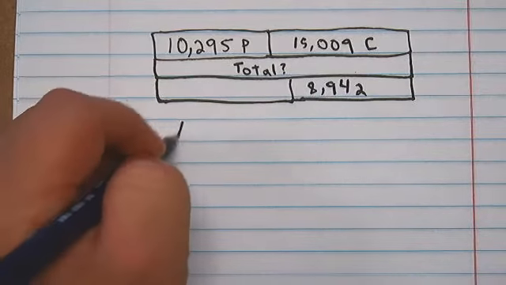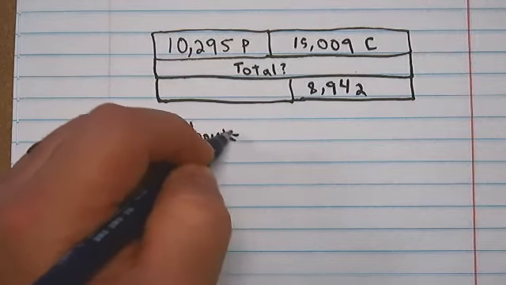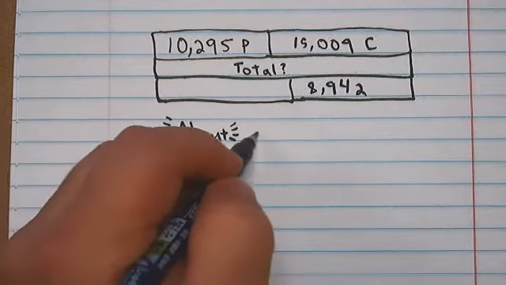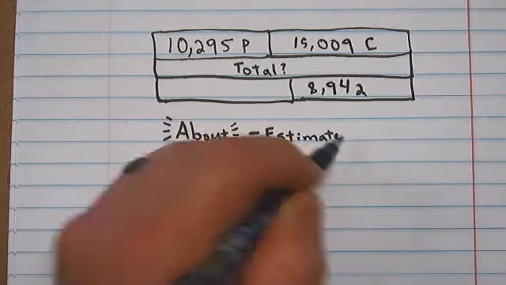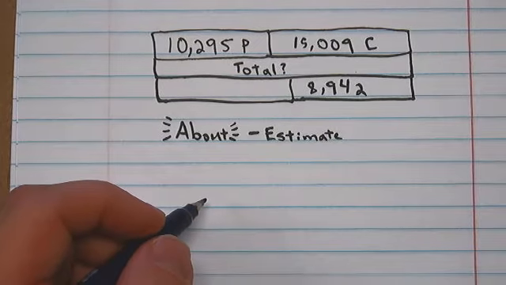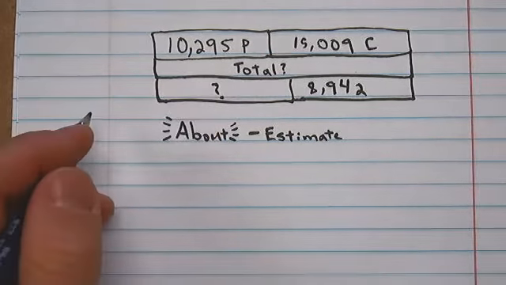So notice again, here's something that's really important. Hopefully we haven't forgotten that. It says about, right? So that is telling us we need to estimate, right? It says about how many pounds of wood does Tree Be Gone Lumber Company have left to sell? So we need to figure out what that is, right?